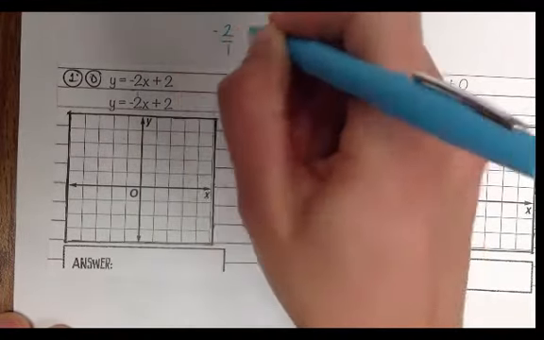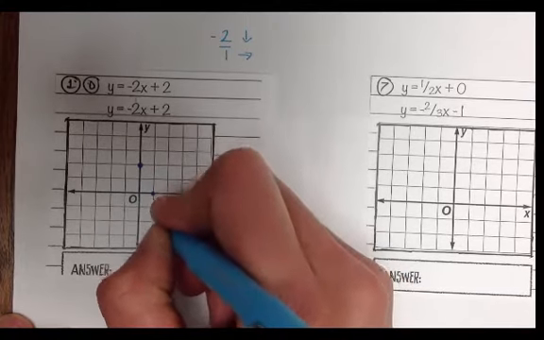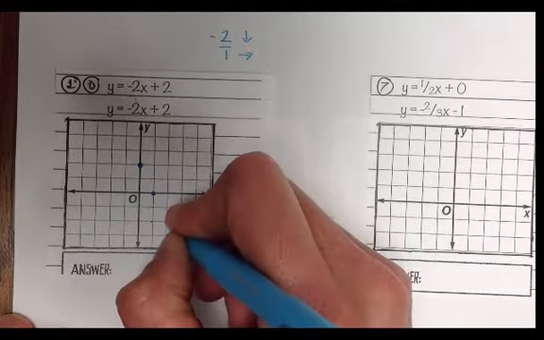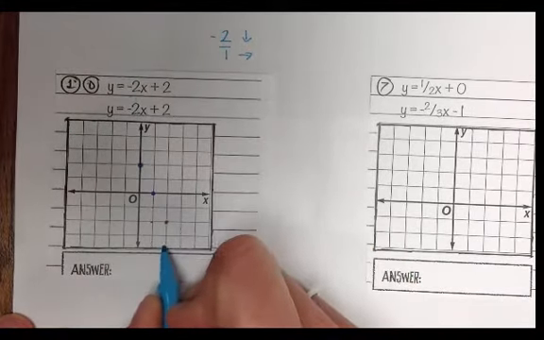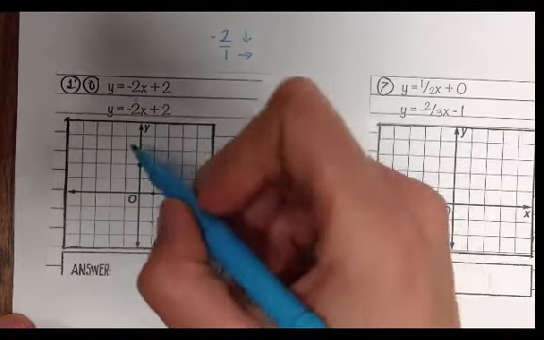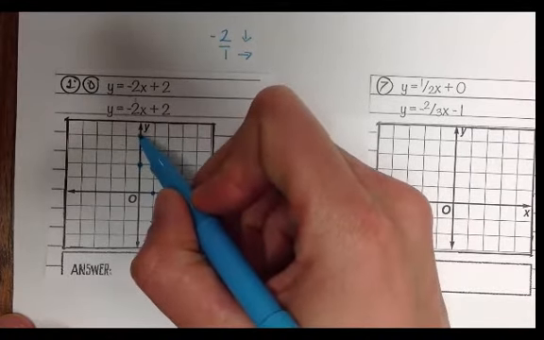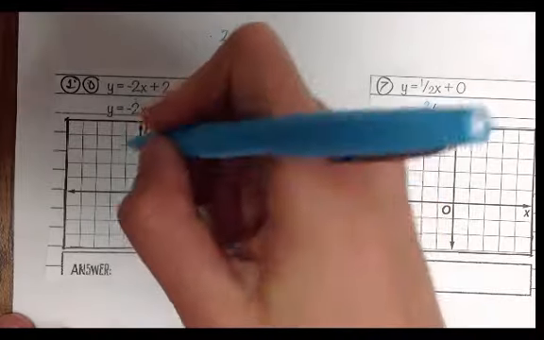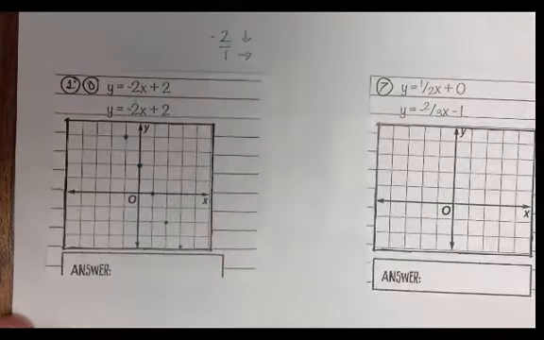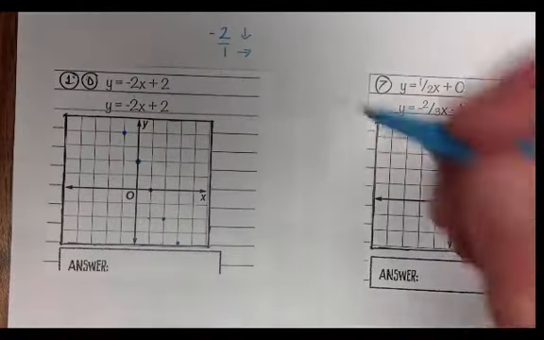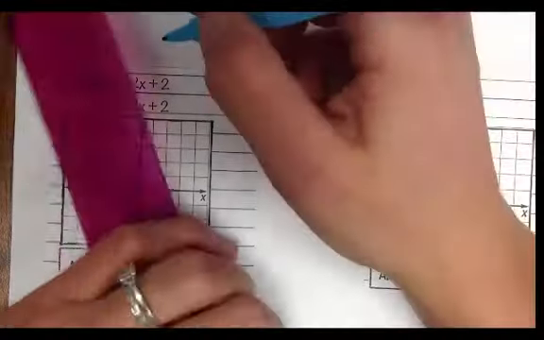I'm going to go down 2, 1, 2, and to the right 1, down 2, to the right 1. Or I could go up 2, and then I'd have to go left 1 to keep it negative. I have my points, and now I'm going to connect them.